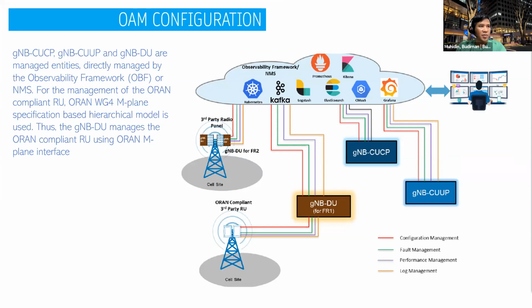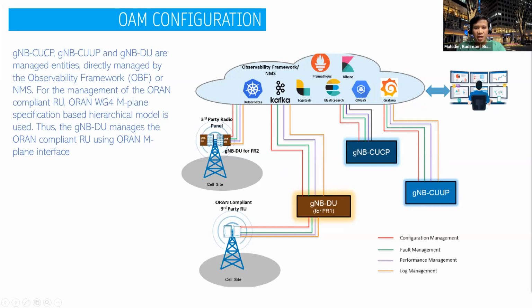So this OM configuration consists of functionality, the four major functionalities we have. Firstly, configuration management. As you know, the configuration management of the OpenRAN is based on RU and DU for sub-6, and it's all controlled by the cloud.